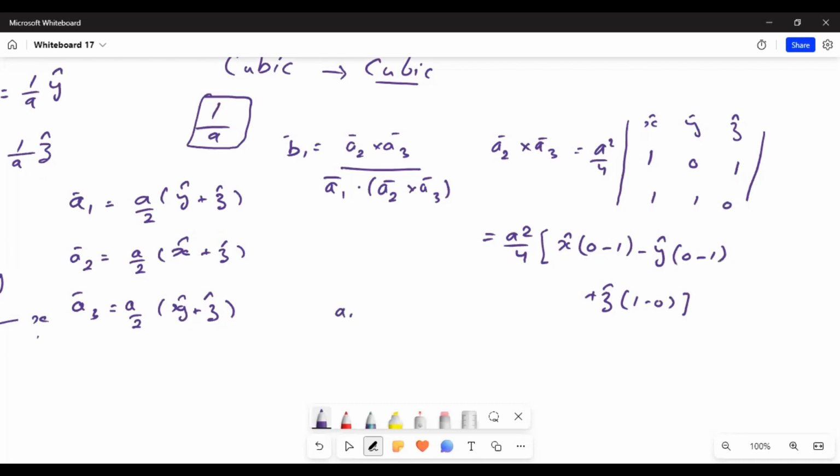So basically A2 cross A3 will be a square by 4 times minus x cap plus y cap plus z cap.